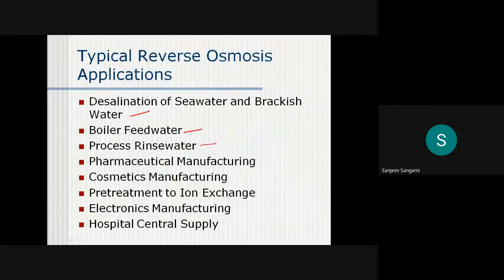See, in some of the countries like Dubai and Israel, they are completely dependent on the salt water because they have the problem associated with the scarcity of water.